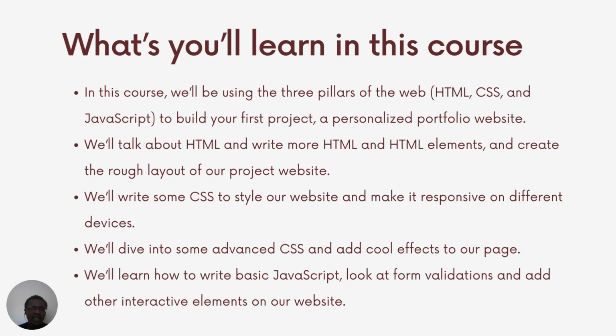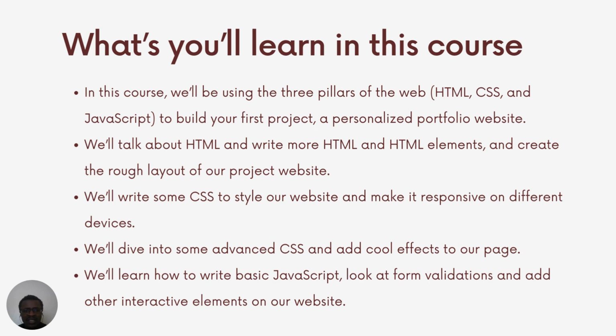In this course, I'll teach you the three core languages of web development, and that is HTML, CSS, and JavaScript. We'll build a personalized portfolio website. I'll teach you about HTML elements, and with HTML we create a rough layout of our project website.